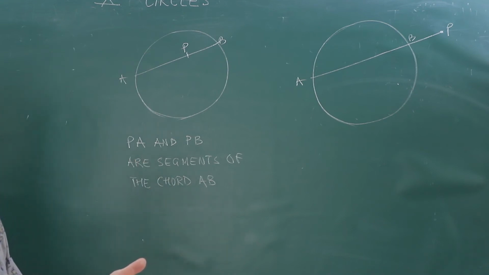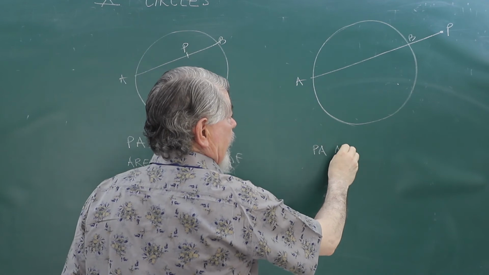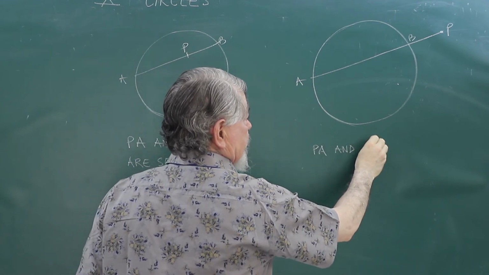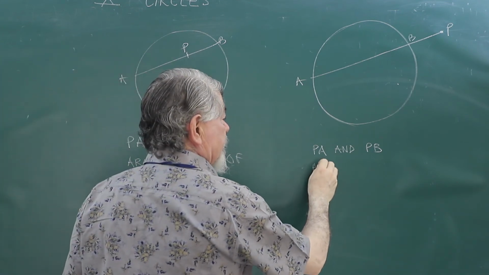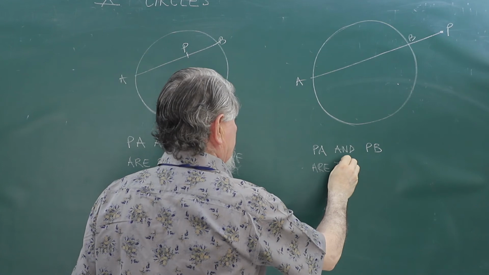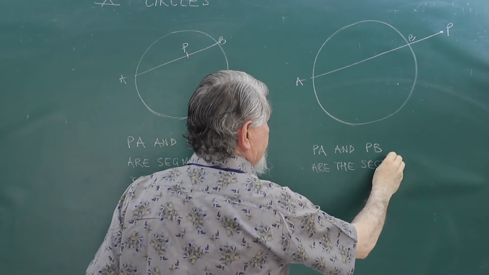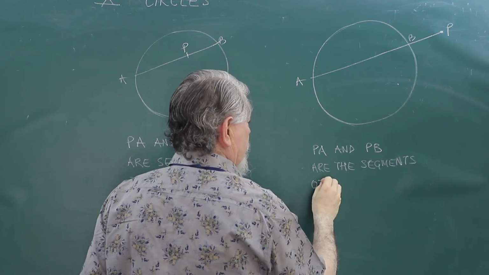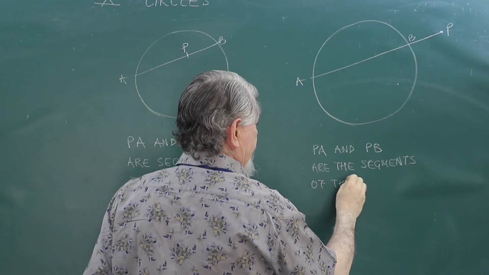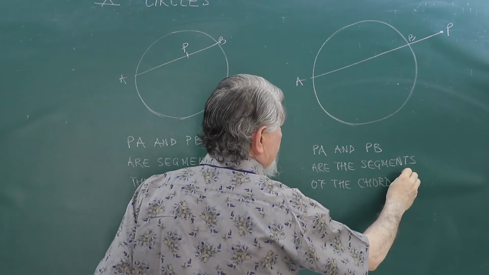Then also PA and PB are the segments of the chord AB.